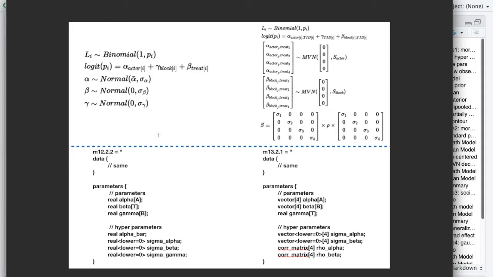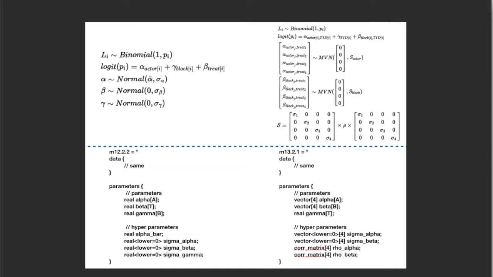Now, let's turn to writing our Stan model. The data we use in the chimpanzee example are exactly the same as the ones we used in chapter 12. However, there are some important differences in the Stan model. I make a quick line-by-line comparison of the model we used in chapter 12 and the model we use here. Let's begin with the parameters part. In both models, the parameters we need are the coefficients for the linear model.